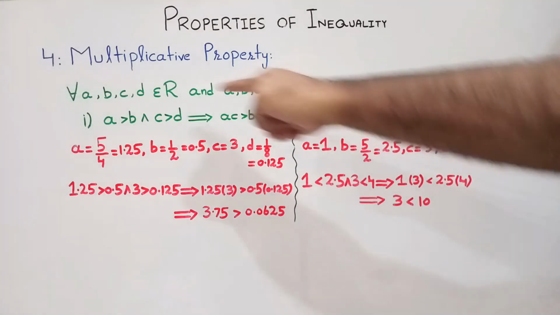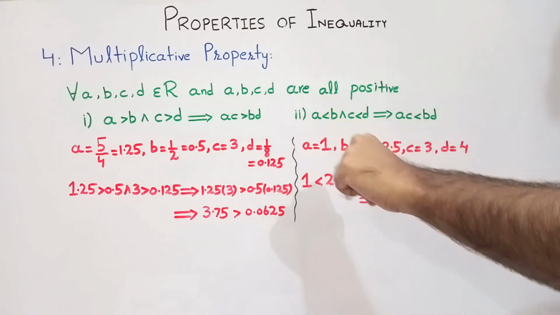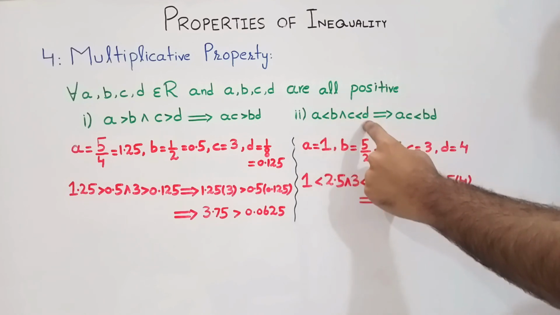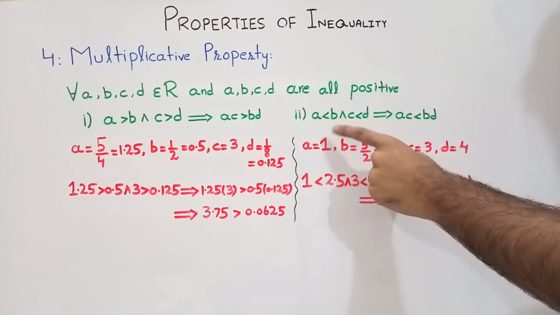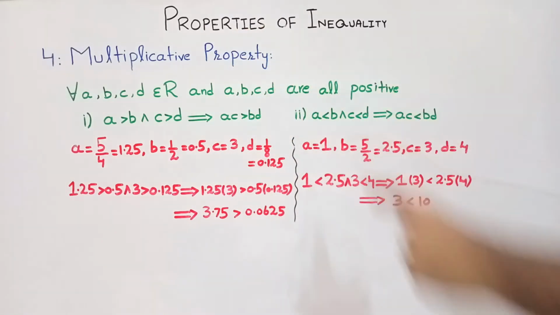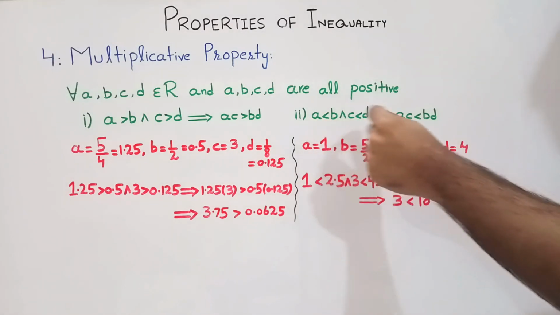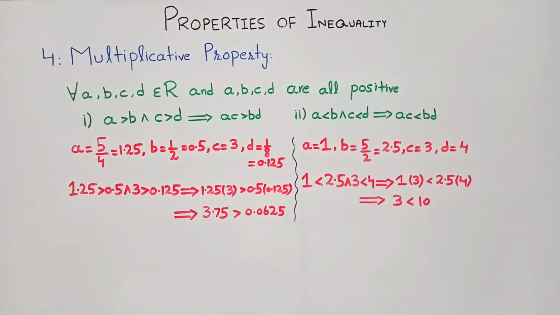This means if we have four positive real numbers A, B and C, D, and if we say A is less than B and C is less than D, now we have two smaller numbers A and C and two greater numbers B and D. According to the multiplicative property of inequality, the product of two smaller numbers A and C would be less than the product of two greater numbers B and D. For example, we have four real numbers.